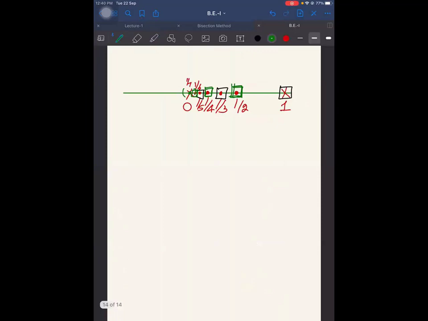Okay, so now there is a second note. If a sequence is divergent, then two cases may happen.